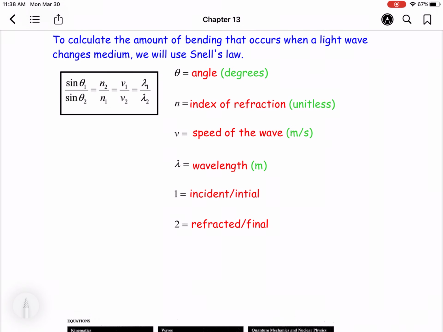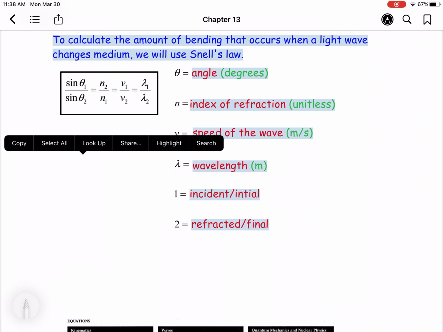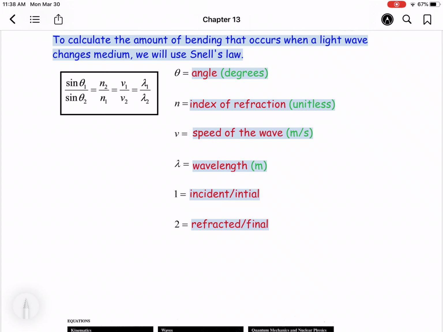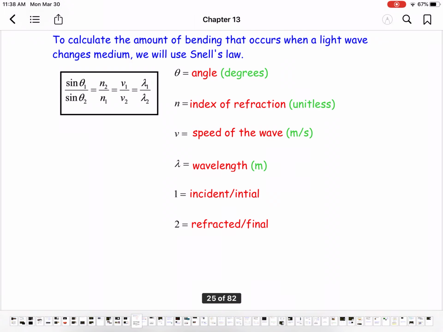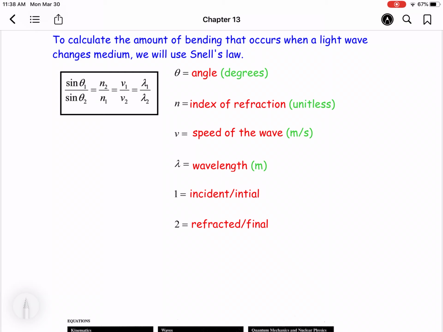So now we're going to calculate it using this equation here. Now, this has got 3 equal signs. 1, 2, 3. Now, whenever you're doing this, you don't have to do the whole equation. You're going to use parts based on what's given to you. If you're given the angles and the n values, then you'll just use these ones.